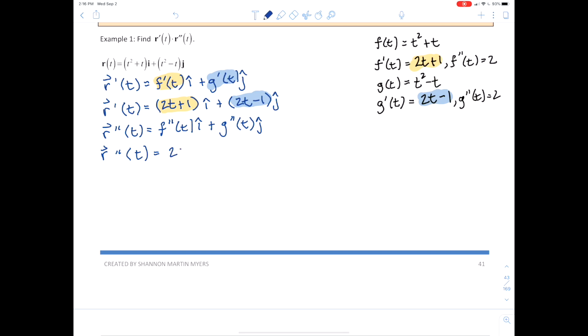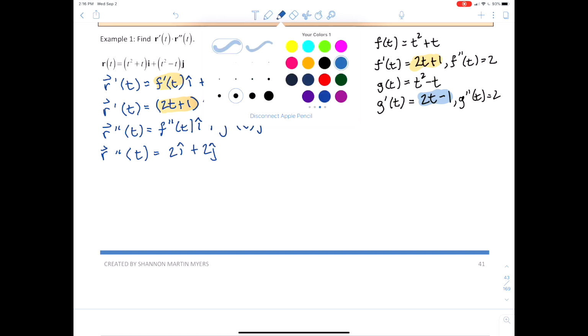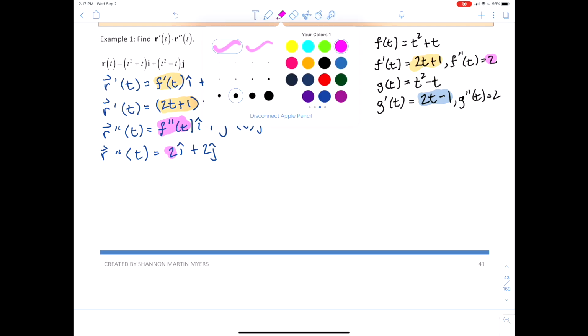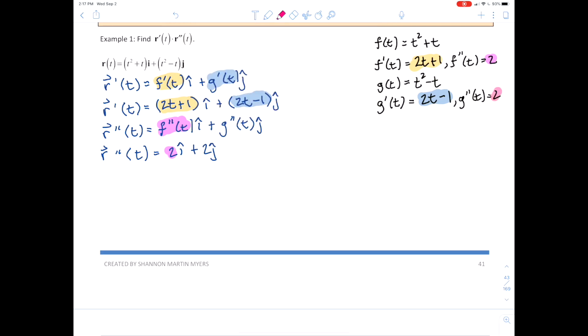So we get 2i plus 2j. And we got those from here.